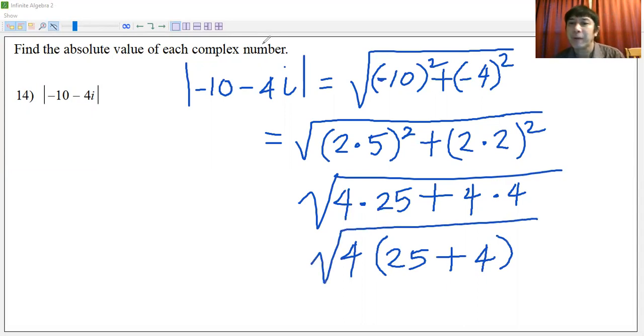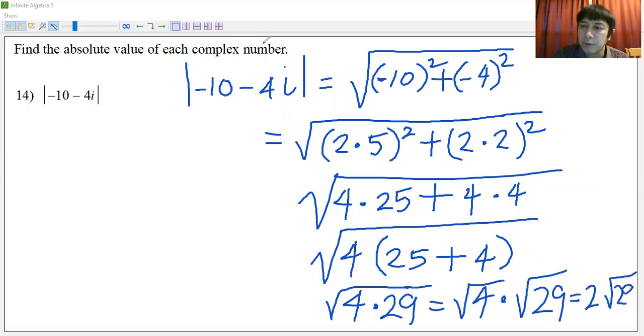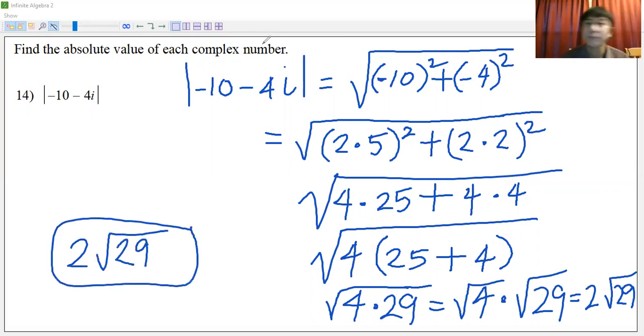And so this is now square root of 4 times 29. And in algebra, you can split this to square root of 4 times square root of 29, which is actually 2 square root of 29. So our answer is 2 square root of 29.